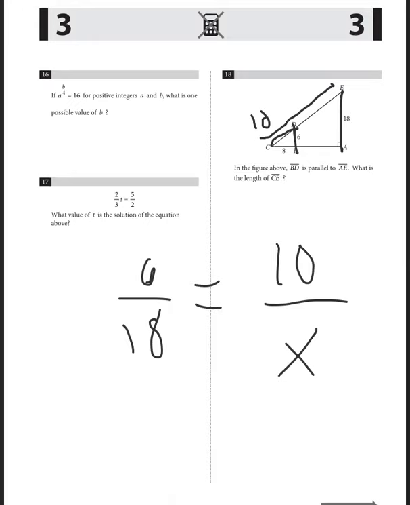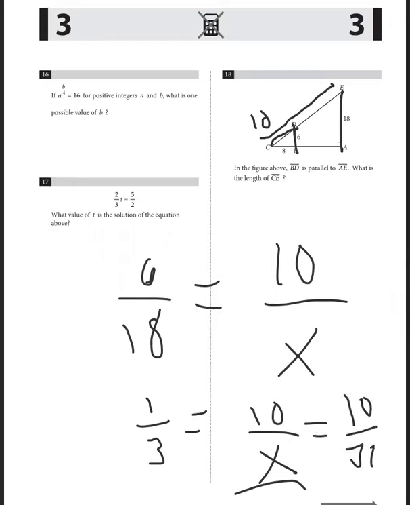So what you can do now is just cross multiply and solve for X, or you can notice there's easier ways to do it, of course. What I noticed right away is that this can be simplified to 1 over 3, 10 over X. The only number here that will give you the same fraction is 10 over 30. So our missing part, CE, is equal to 30.